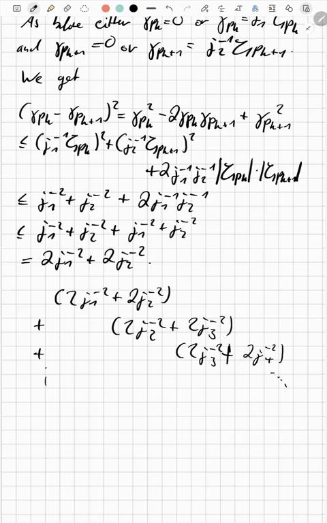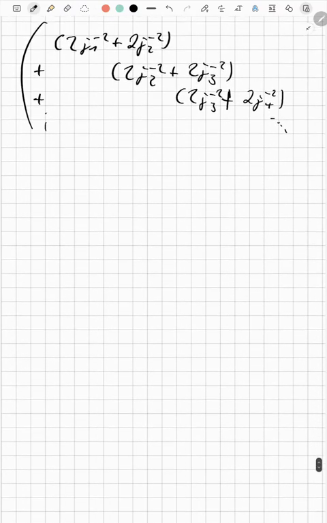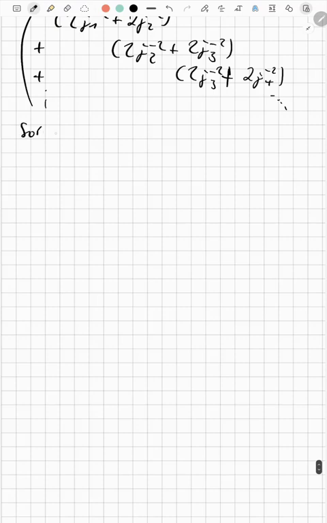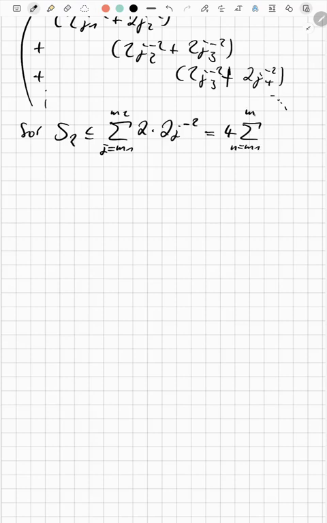And so on and so on. So what we can conclude from that is that S2 is less than or equal to the sum, as j goes from m1 to m2, of 2 times 2j^(-2). And this is just 4 times the sum, as n goes from m1 to m2, of j^(-2).